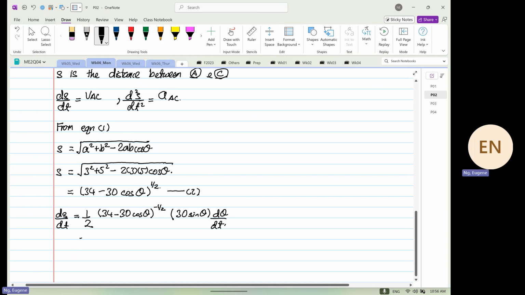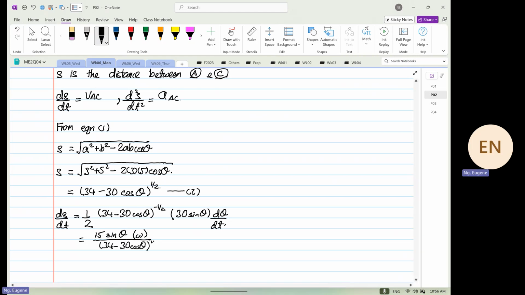So this will be equal to 15 sine theta, and d theta over dt is equal to omega. And this will be equal to 34 minus 30 cos theta power of half.